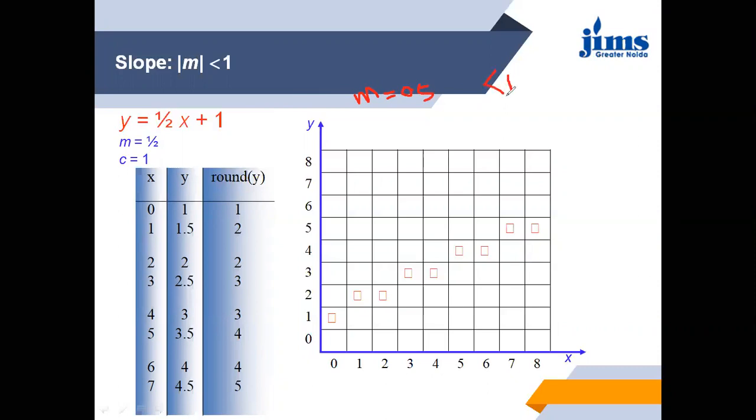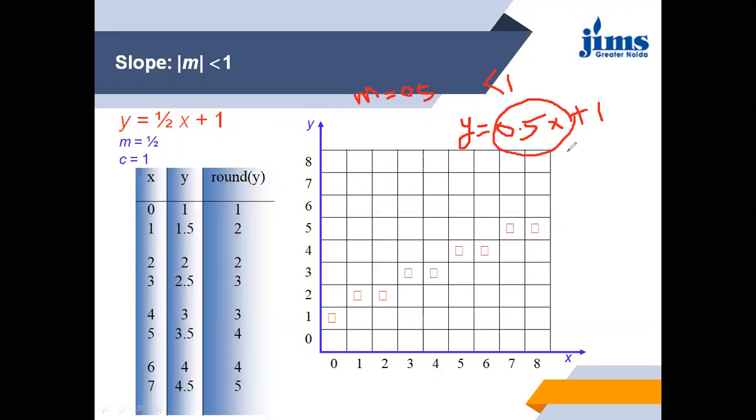So from the equation, when we calculate the value of y equals m, meaning 0.5 into x plus 1, we have to approximate the value from this term, and we will find a floating value, a value in decimal.